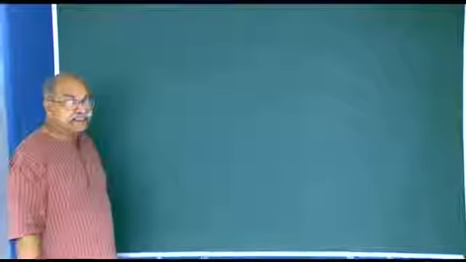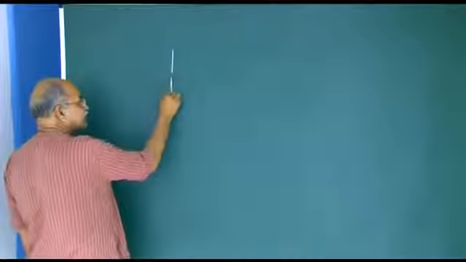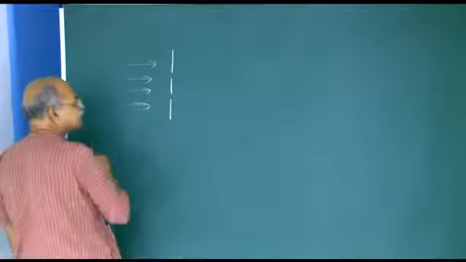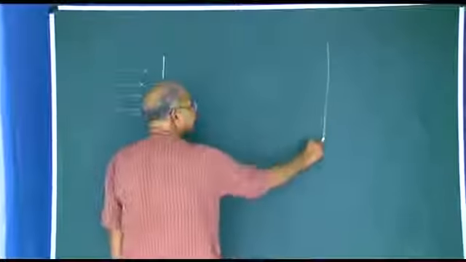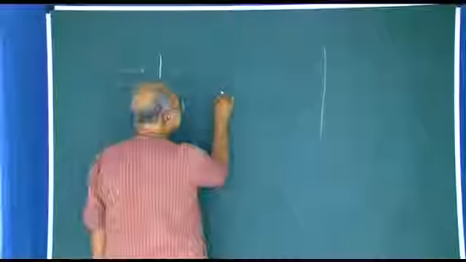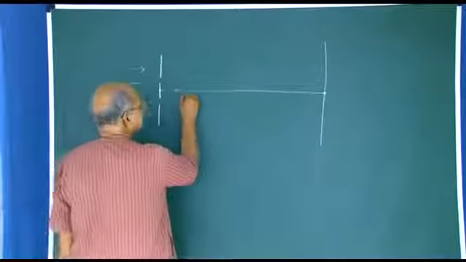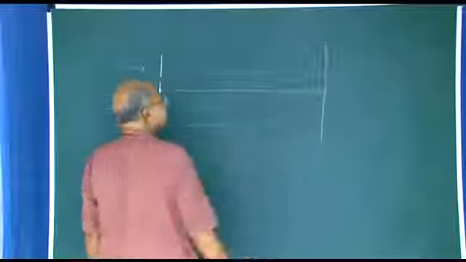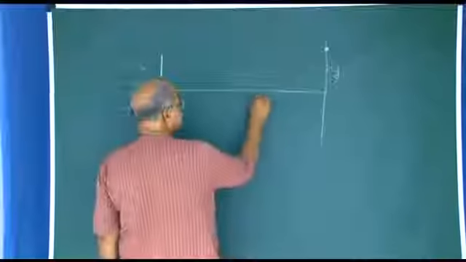So if you have two slits, let us say you have one slit here and then another slit here, and then you send this parallel light beam, and on the other side at a large distance you collect it on a screen, and then you have this central point on the screen where the intensity will be maximum, and then you look at some point on the screen away from the central point, and this distance is say y, this whole distance is capital D.